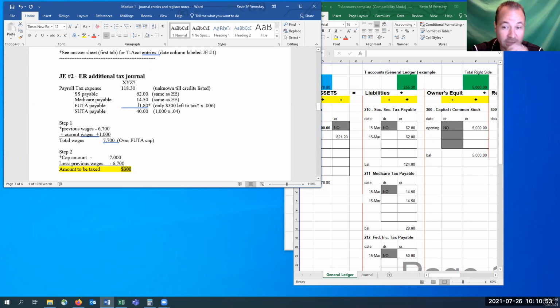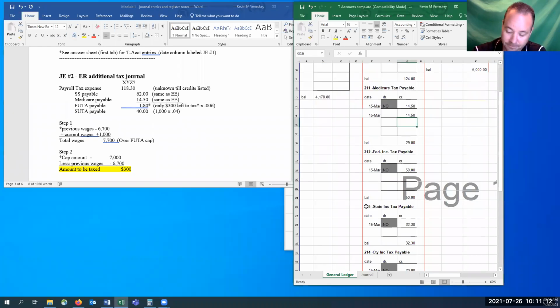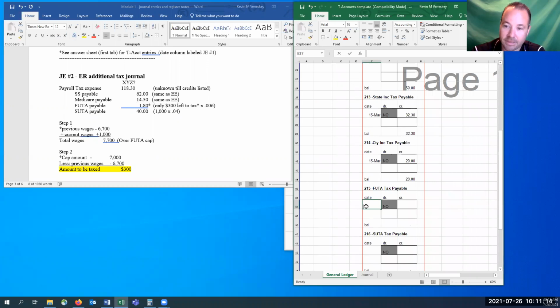So when I do the journal entry, instead of taking 1,000 times 0.006, I just take whatever's left to get me to the cap, the 300. So I can put that into my T account down here that I owe $1.80.